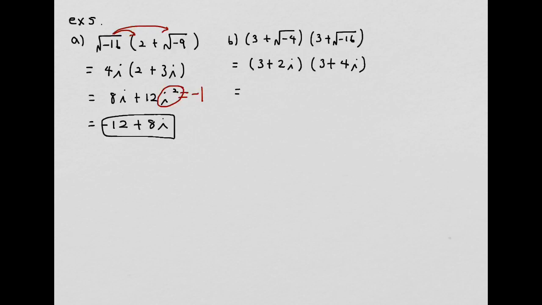Once it's in imaginary unit and simplified, you can do foiling, right? So 3 times 3, 3 times 4i, 2i times 3, and 2i times 4i.